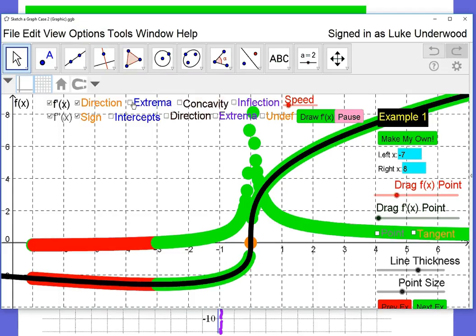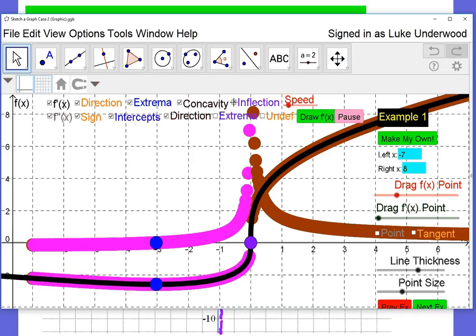Next, we see that wherever f prime has an extrema, f double prime will have an x-intercept. Wherever f prime of x is concave up, f double prime will be increasing. And wherever f prime of x is concave down, f double prime of x will be decreasing.